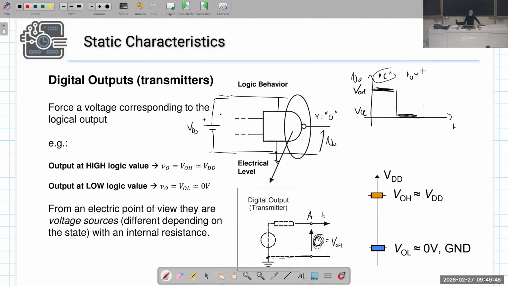Is that clear? This is how a digital output can be described from the electrical point of view.